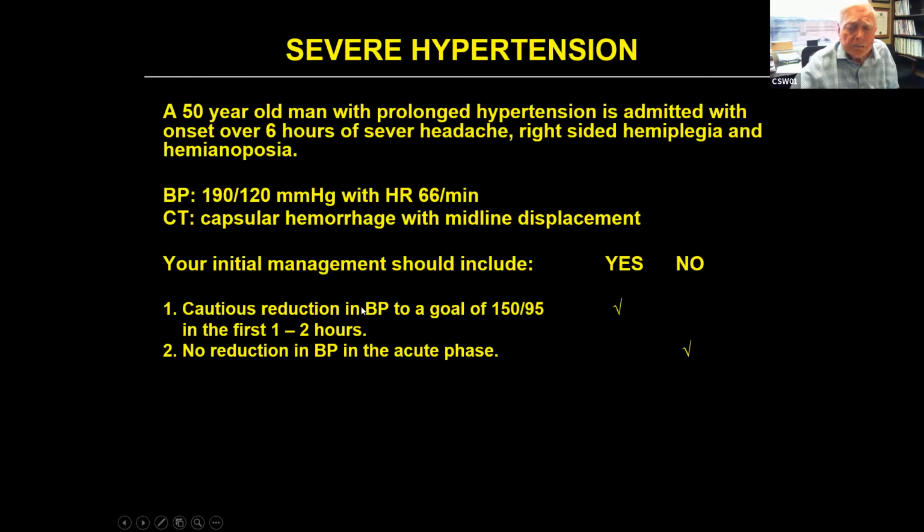If the patient becomes symptomatic as you lower the blood pressure here, you've got to stop and gradually return towards a higher blood pressure and try again. And it may be difficult to achieve this level in 1 to 2 hours, but that should be a reasonable goal.